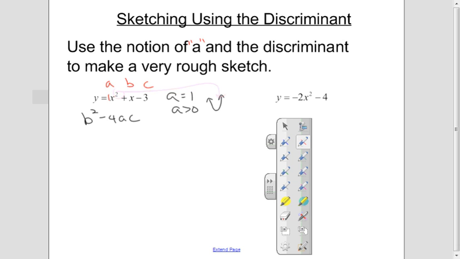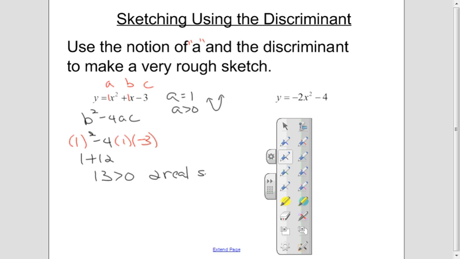And then I'll take a look at b squared minus 4ac, which is going to give me 1 squared minus 4 times 1 times -3. Okay? Which is going to give me 1 plus 12 is 13, which is greater than 0. So I've got two real solutions.